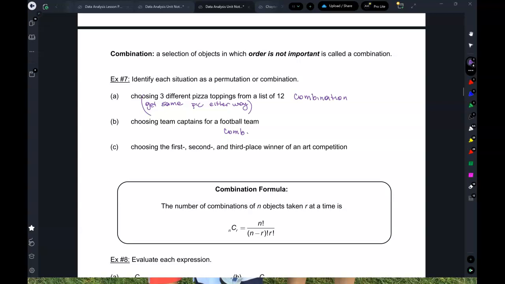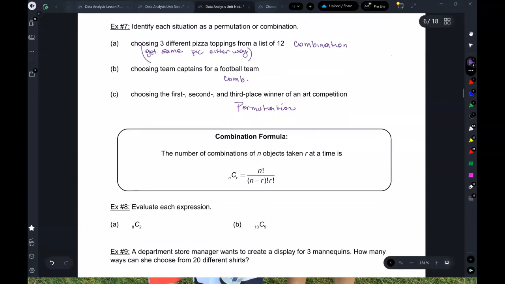Because I can't mess up that order. Thank you. Somebody should have yelled out permutation, not combination.